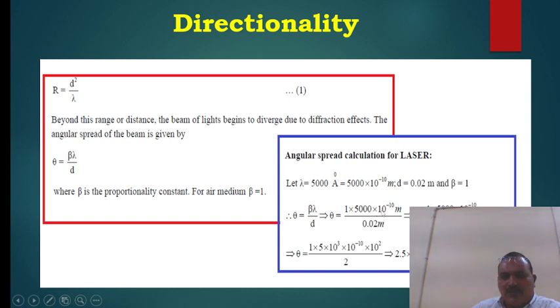If you put all the values here and convert step by step, theta equals 2.5 times 10 to the minus 5, and converting into radian, it is 0.01 milliradian. This is a very small value compared to an ordinary source of light. So we conclude that laser light has high directionality.